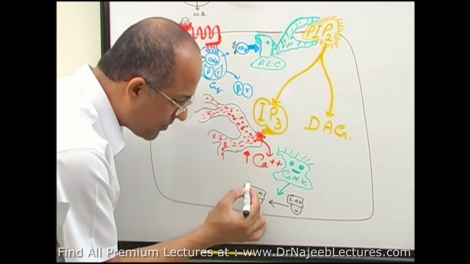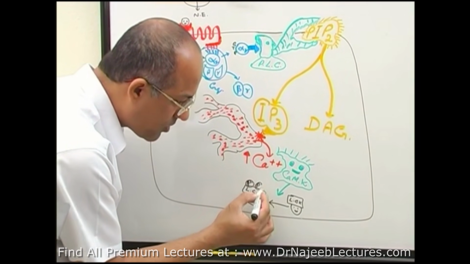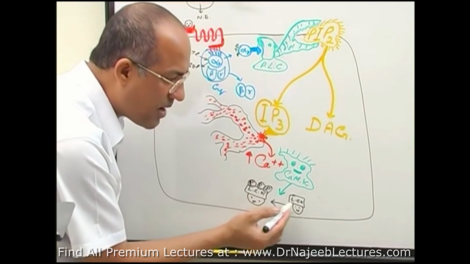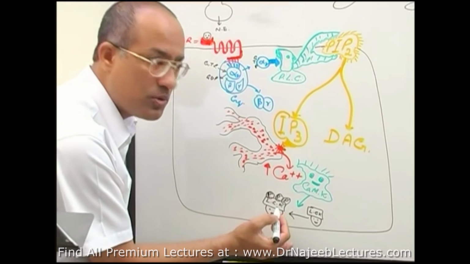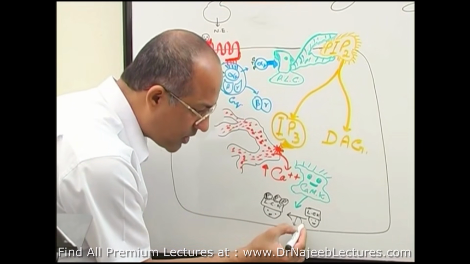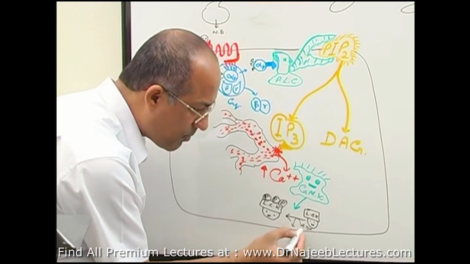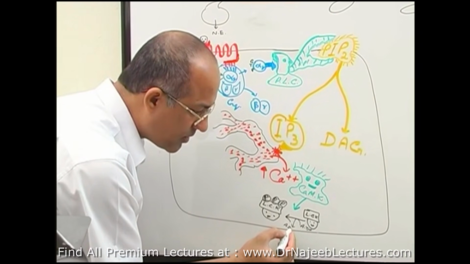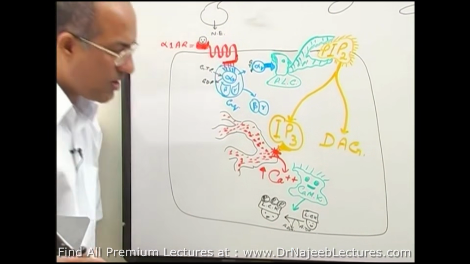They become active, because the kinase enzyme adds phosphate to light chain kinases. How? They take the ATP and break the ATP into ADP, and phosphate is added to this.